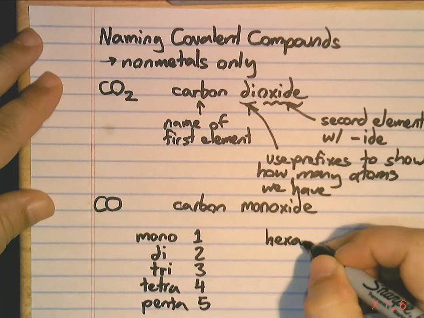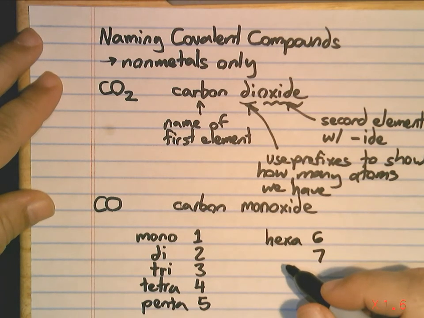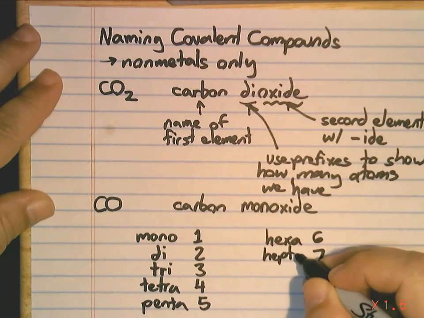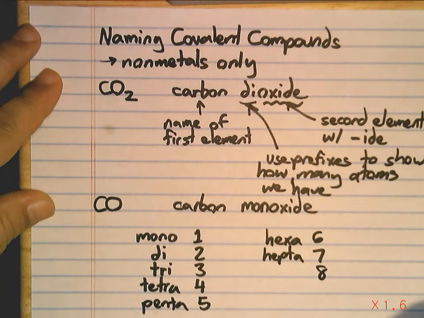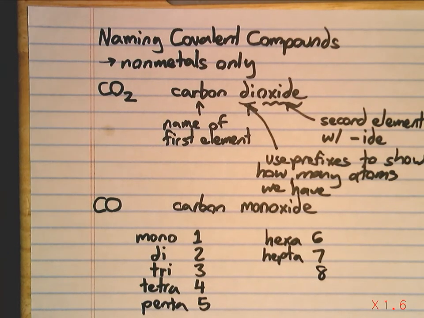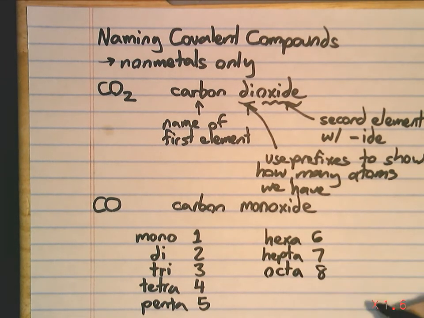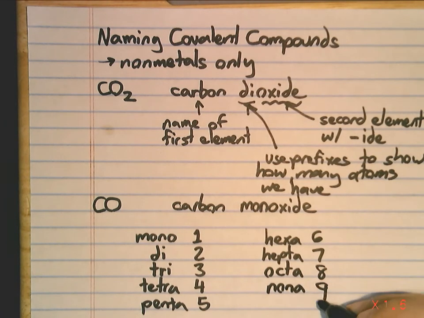hexa for 6. Do you know 7? That'll be hepta. 8 is what? Think of the shape of a stop sign. That's an octagon. And if you've got a 9-sided polygon, you call that a nonagon. And 10 is deca.